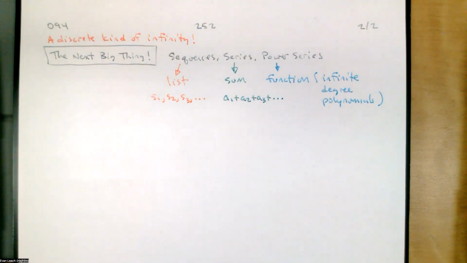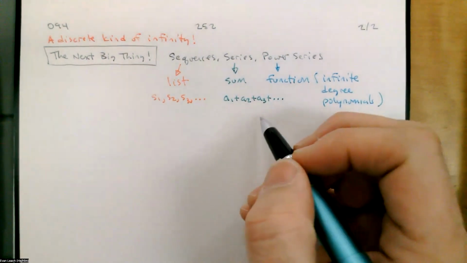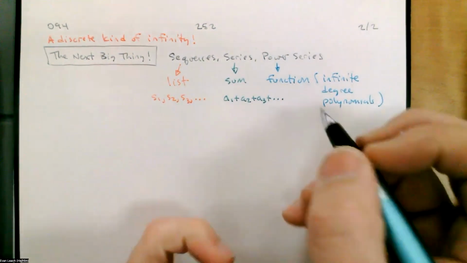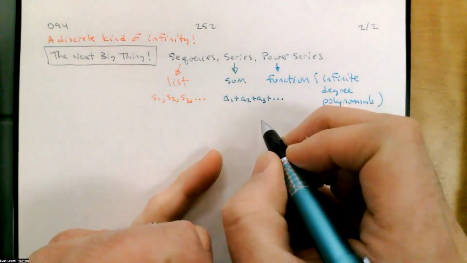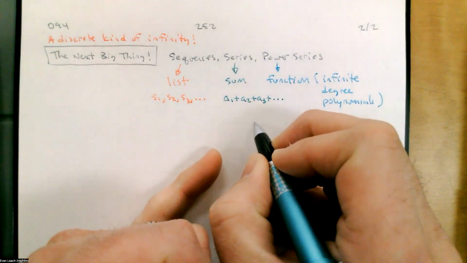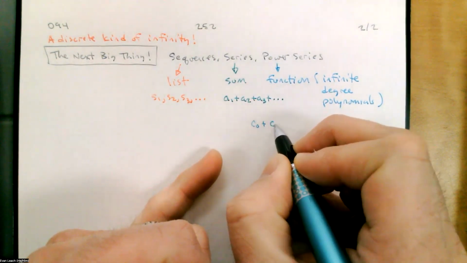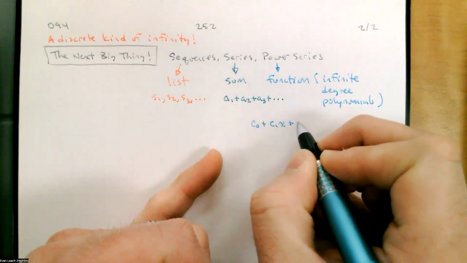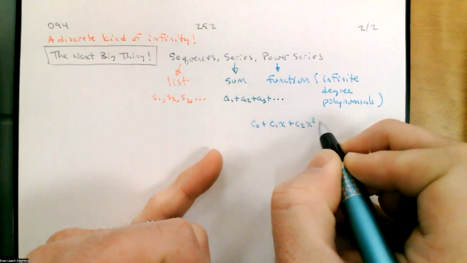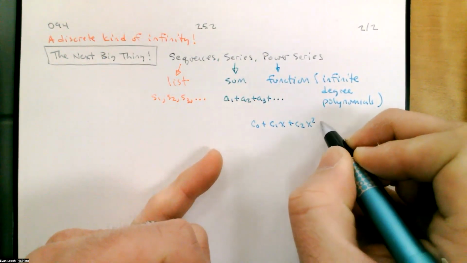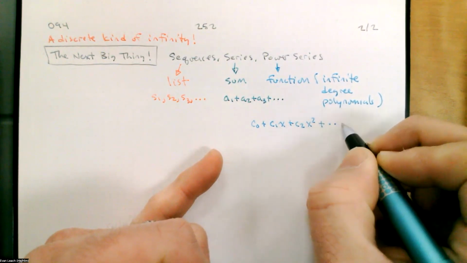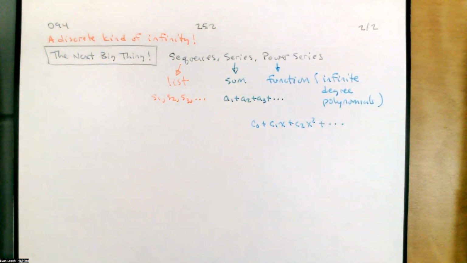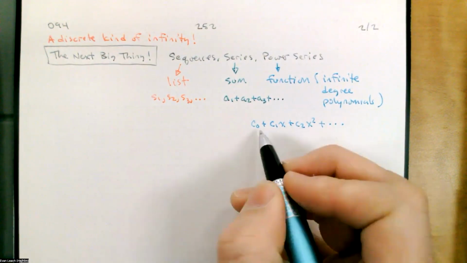So a power series will also be a sum, but there'll be a variable in it. And it'll look like an infinite degree polynomial. So it'll be something like C0 plus C1x plus C2x squared, and so on, where C is a constant.